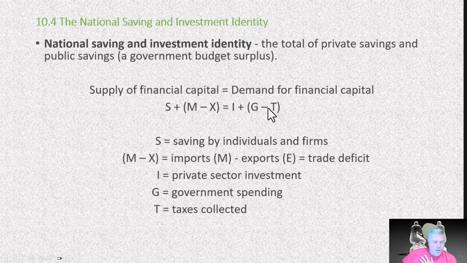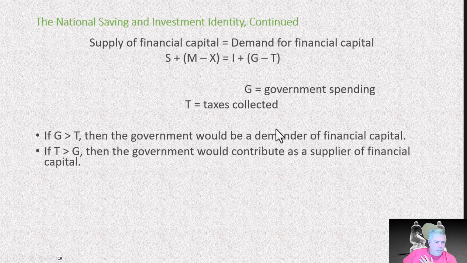And if this is negative, so this is government spending minus taxes collected, if the government's running a deficit, that's going to impact this by essentially reducing the impact of private sector investment, because this becomes a negative number.